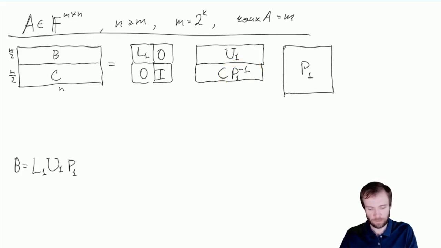Let's denote this matrix C times P1 inverse by D. D is C times P1 inverse. And so now we can rewrite this as D.